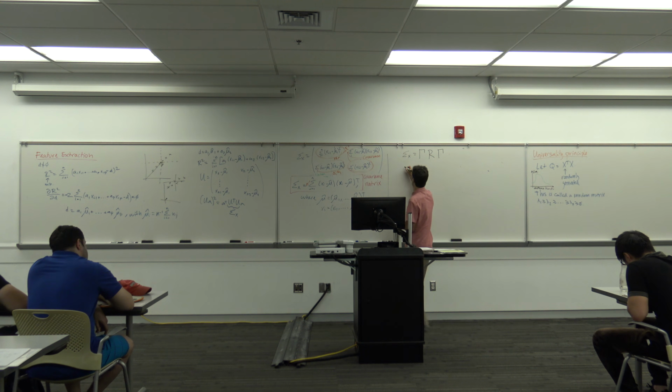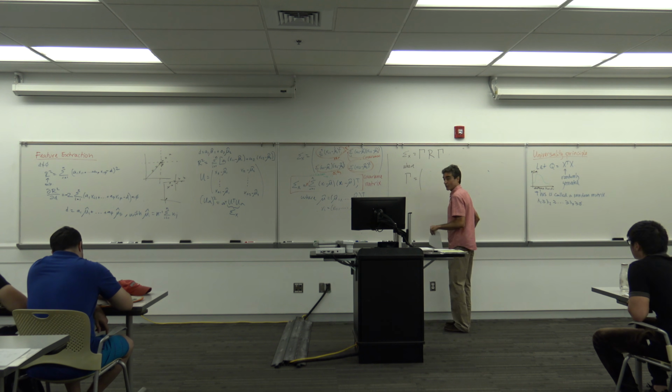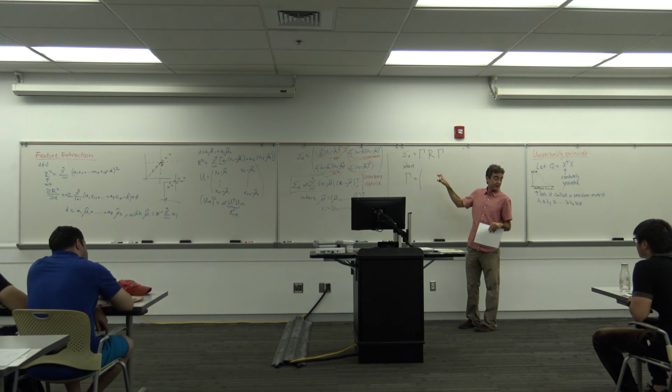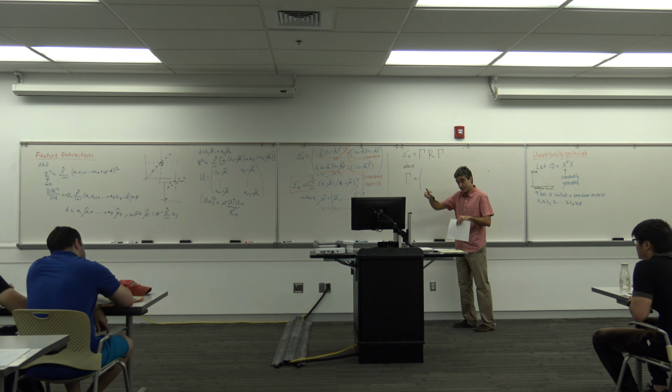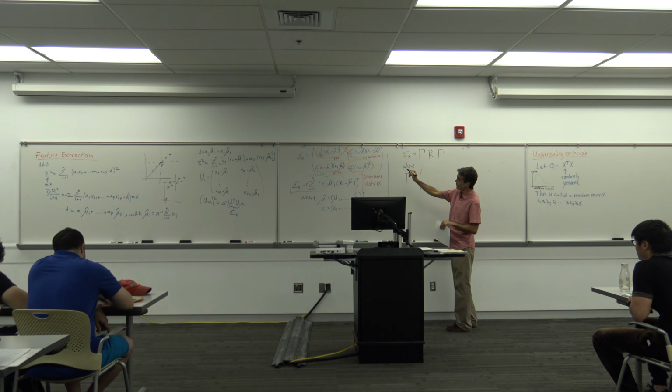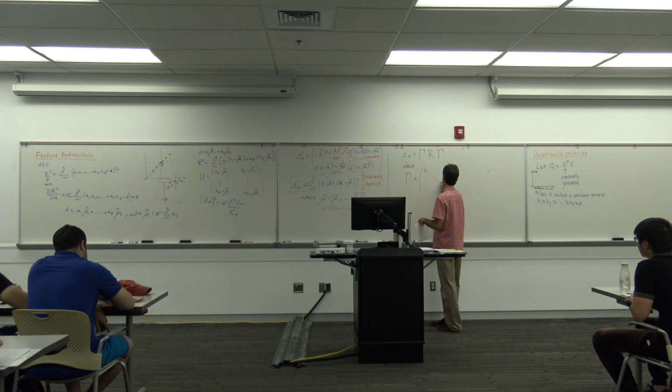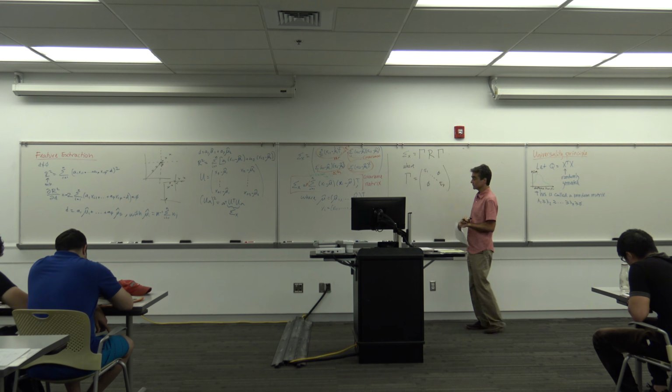Where capital gamma is a diagonal matrix, with diagonal entries sigma 1 through sigma p, the variances, and zeros in the off diagonal.